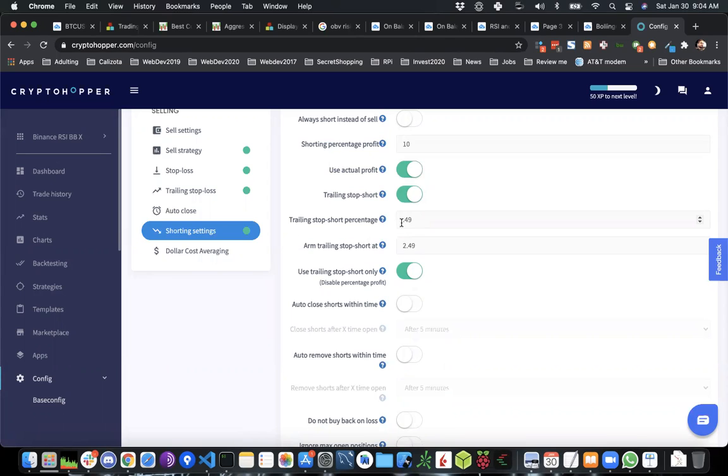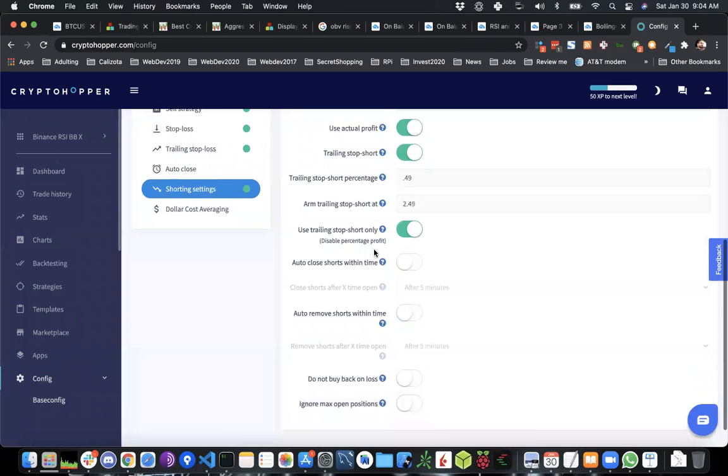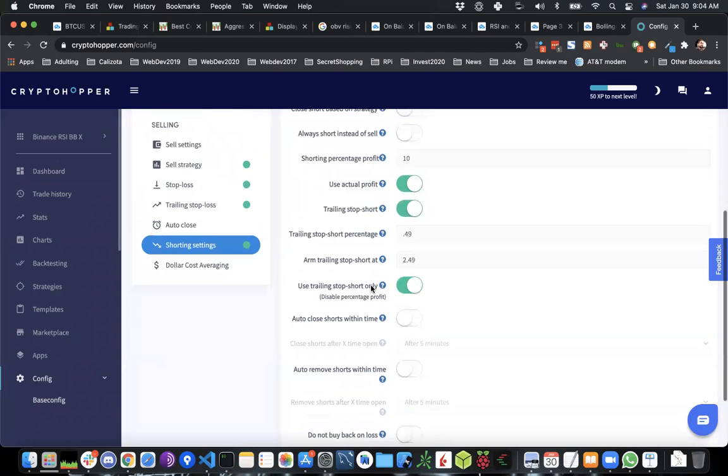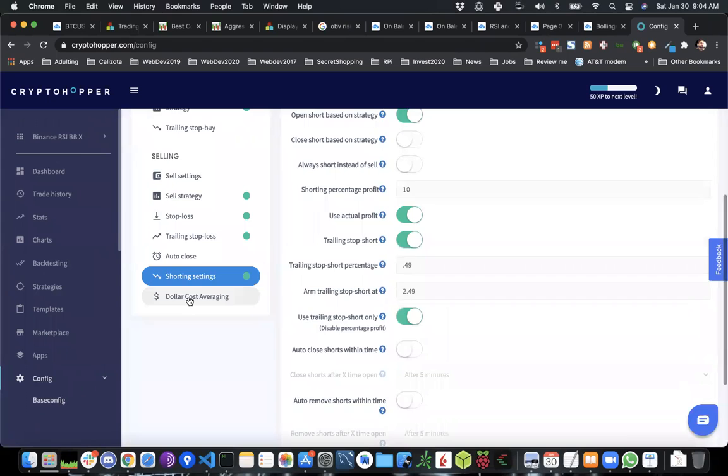On the shorting, I have my trailing stop set pretty tight because if it starts to bounce up, I'm going to cancel out and just wait for my trigger to buy it the other direction. Again, a lot of these settings came from the video that I'll be posting.